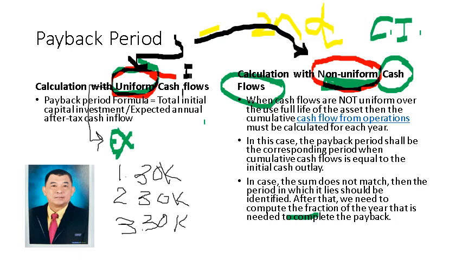While on the right side, if this is non-uniform, let's say for example, on the first year, you have 40,000 pesos, your cash inflow. Since it is non-uniform, maybe on the second year, you have a competitive advantage, you have growth, therefore, your cash inflow became 50K on the second year.